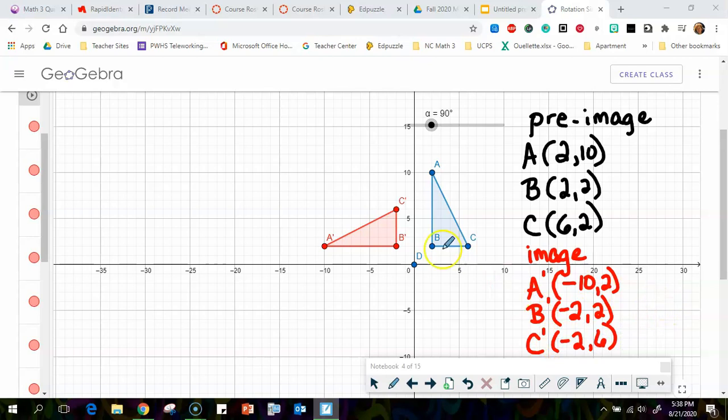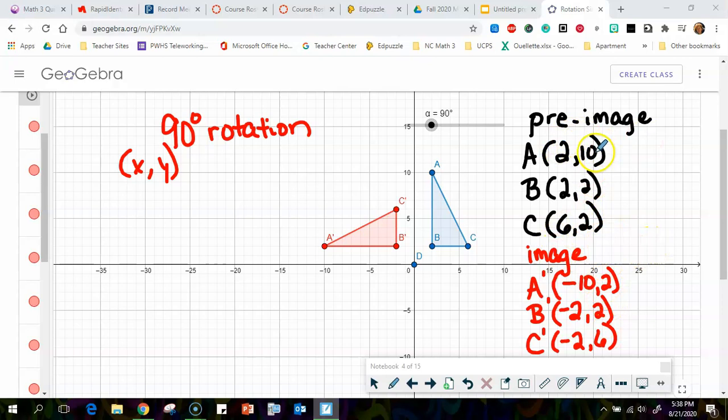Okay, so this is a 90-degree rotation. A 90-degree positive rotation means it's going counterclockwise. And what happened with the X and the Y? Well, let's look. We've got 2, 10 and negative 10, 2, then 2, 2 and negative 2, 2. That doesn't tell me much. But 6, 2 and negative 2, 6 tells me that they switch.